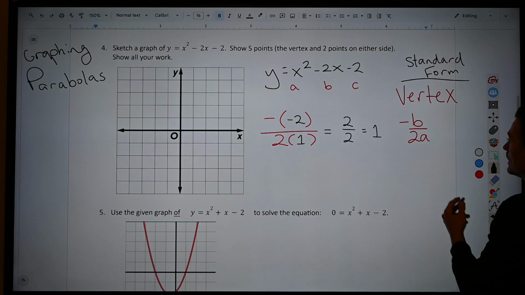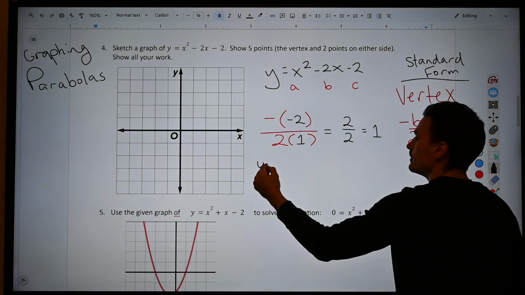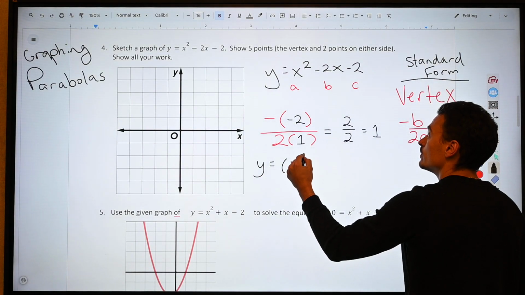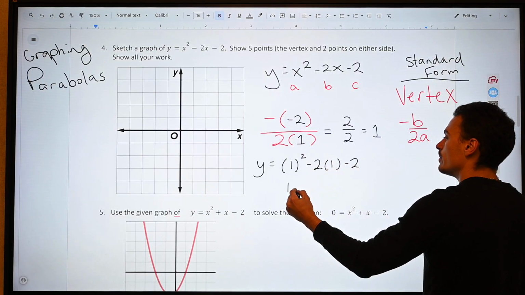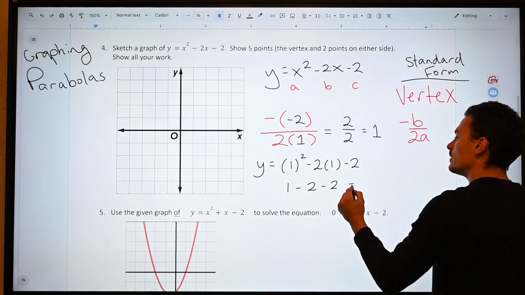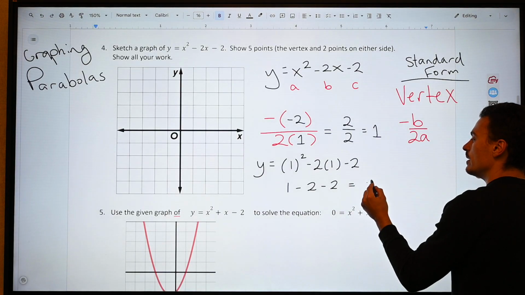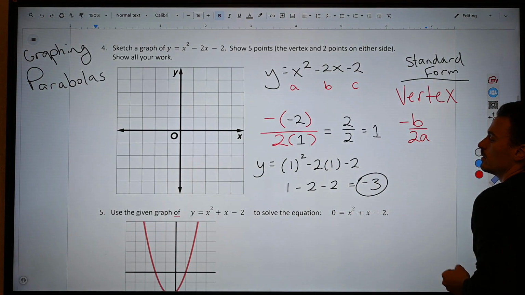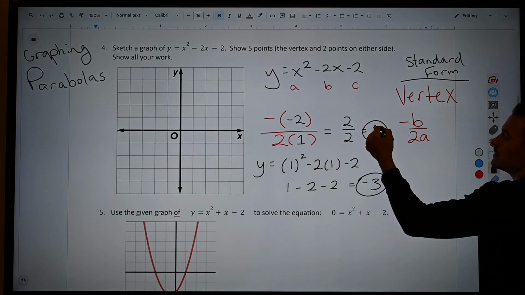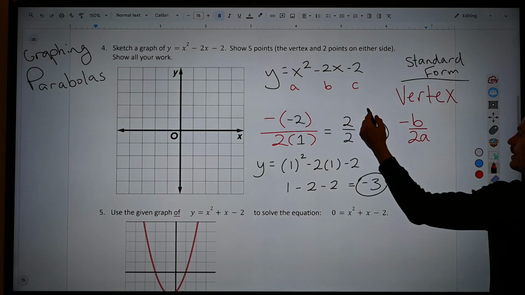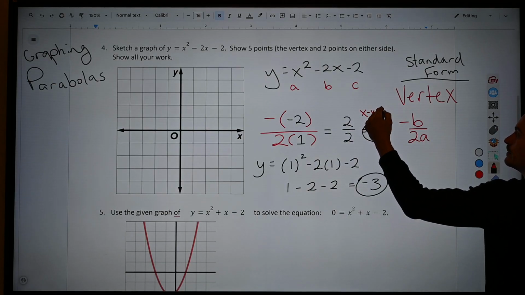Now I take that 1 and I plug it into the equation. 1 minus 2 is equal to negative 3. If you remember, this value from negative b over 2a is the x value.